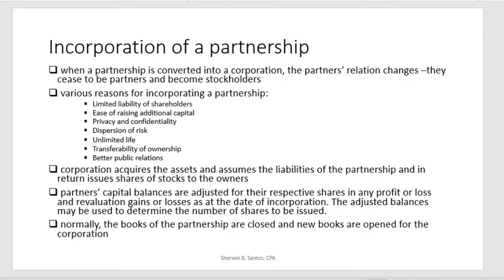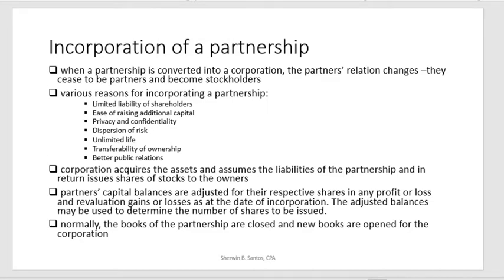So, in this case, nagkaroon ng changes on the partnership relation because they cease to be partners and they become stockholders now. So, there are various reasons why a partnership will be looking and deciding at why they will be incorporating a partnership.